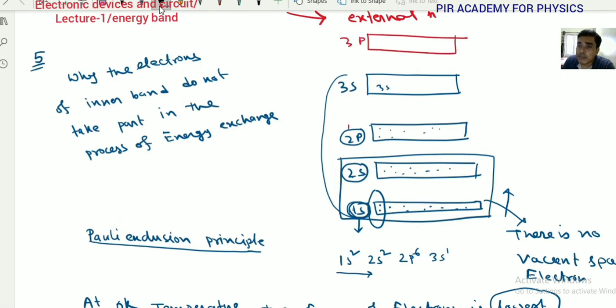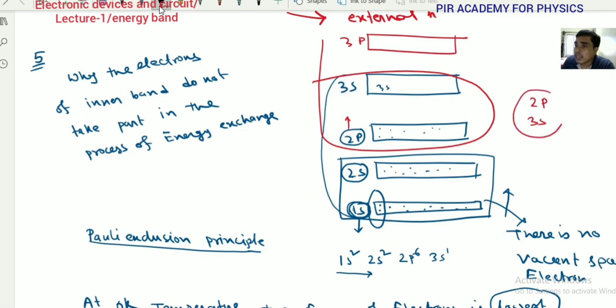So the electrons of 2p and 3s can receive energy, because there is a vacant space to move to the higher energy level.